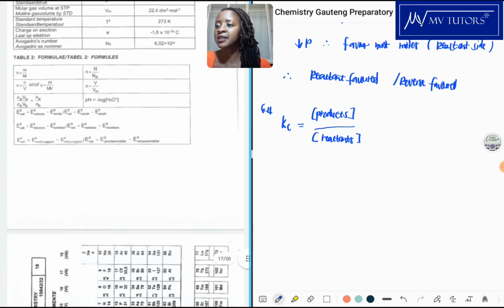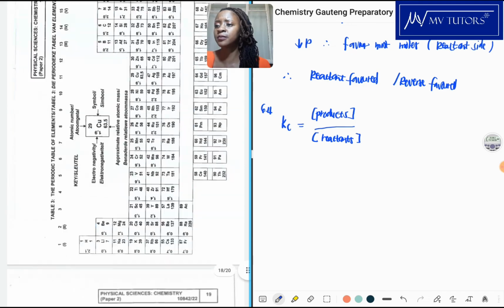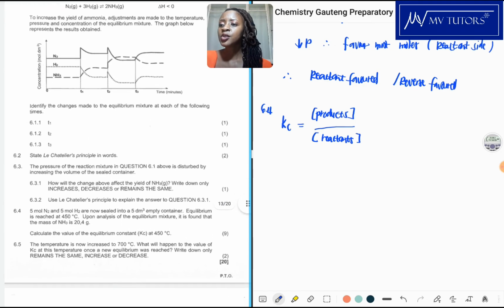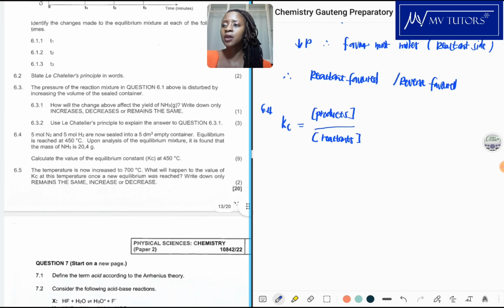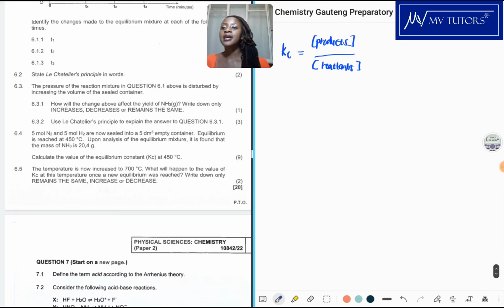Do they give us the Kc formula here? Not really. So you must know the Kc formula. So I'm just going to pause and draw out the table, the RICE table. That's what we're going to use. As soon as you see a lot of marks, you will have to use a RICE table. So I'm just going to pause, draw it, and then we're going to put in the missing values.